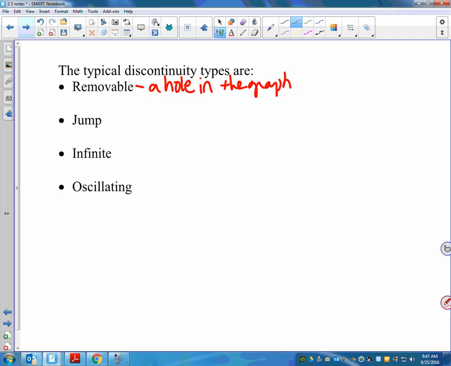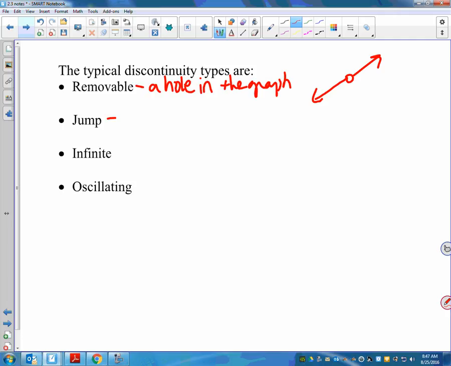So if you could put your pencil on the one place where it's not continuous and fill it in, it becomes a removable discontinuity. I always want to put an E in removable, but I don't think there's two. I like to alternate my colors.